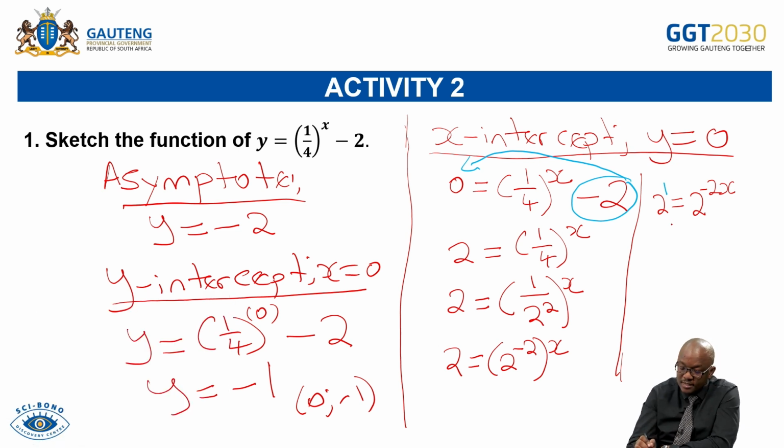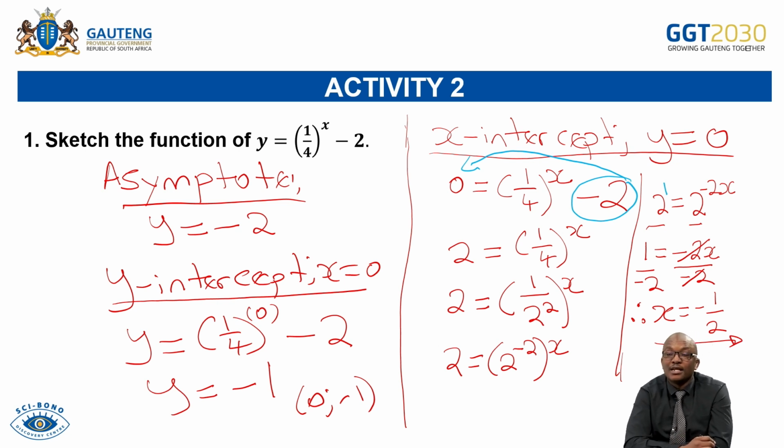So now when we have the same base, we equate the exponents. 1 is equal to negative 2x. Then we divide by negative 2. Negative 2 will cancel negative 2. Therefore, x is equal to negative 1 over 2.